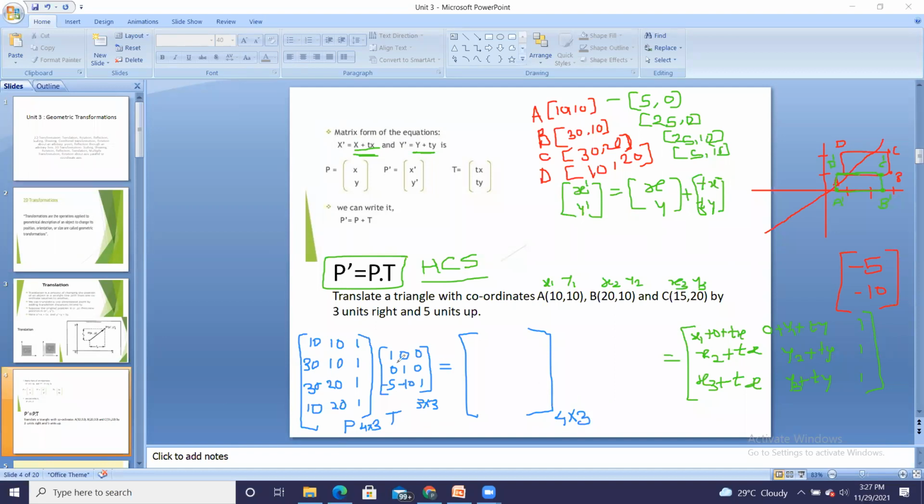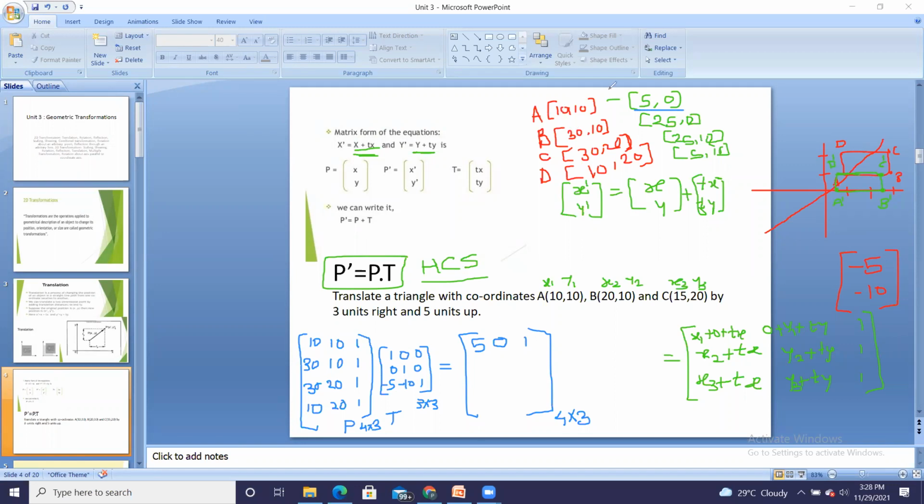Now tell me what outcome you are getting. 10 into 1 is 10, 0, -5. So 10 minus 5 is 5. Then the first row and second column: 10 into 0 is 0, 10 into 1 is 10, minus 10. So 10 minus 10 is 0. And only 1 will remain as it is. So have you got the first point 5, 0, 1?